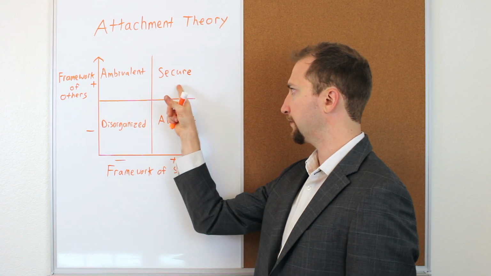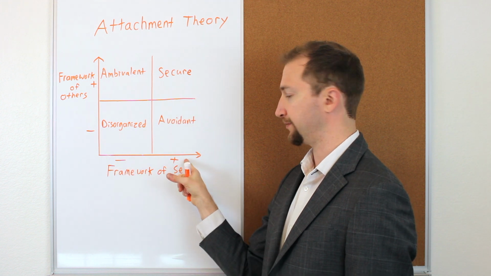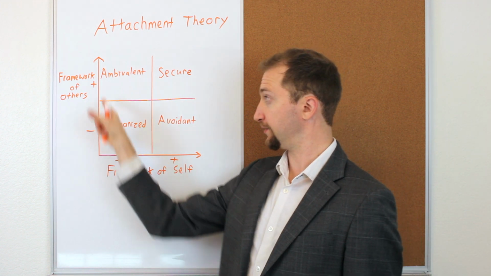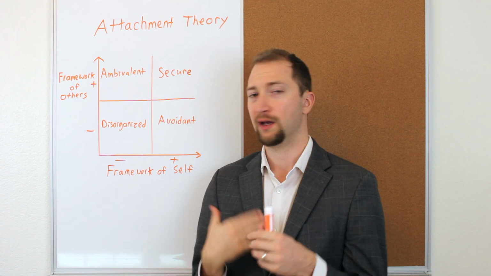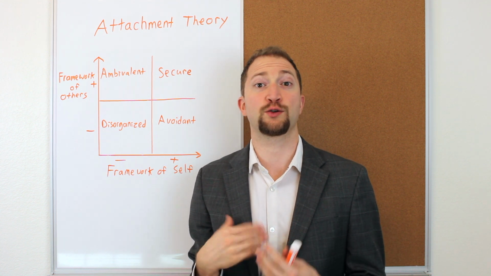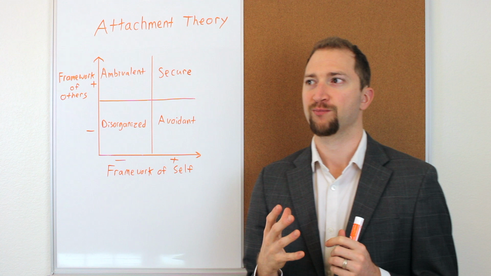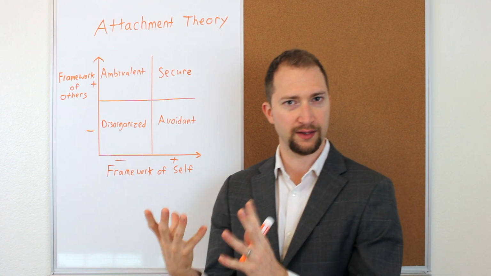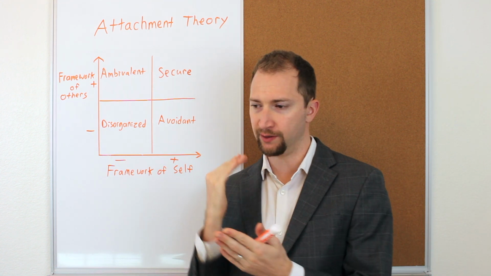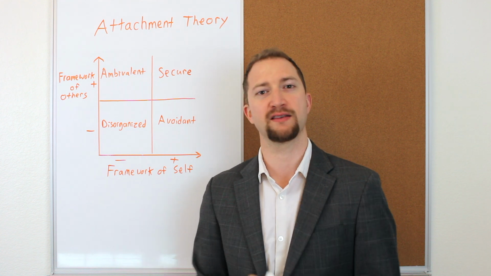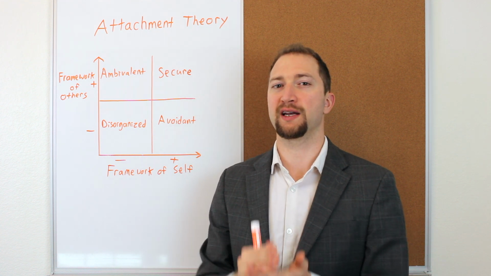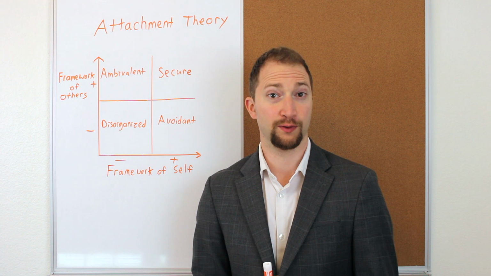Then up here we have the secure attachment. So we have a positive framework of self and a positive framework of others. This is when a child is in distress and they have emotional needs and they go to that parent, and the parent delivers and meets those needs consistently, providing a sense of security for the child, right?